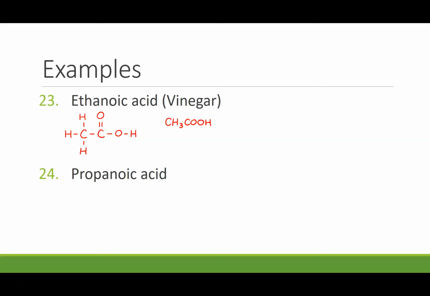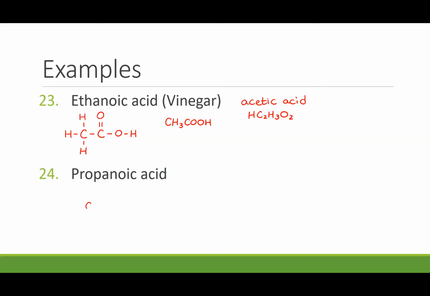Another name for ethanoic acid is acetic acid, which you may remember from Chemistry 1. And we had written it as HC2H3O2. Number 24, propanoic acid.